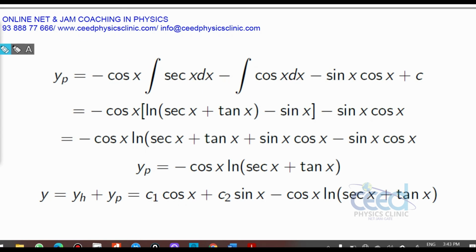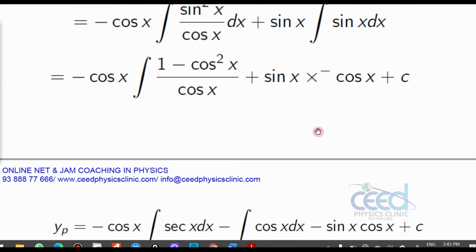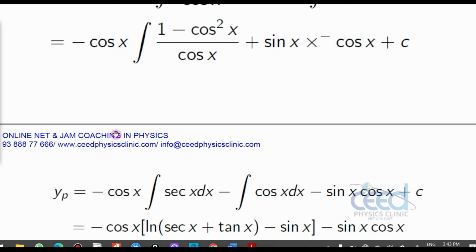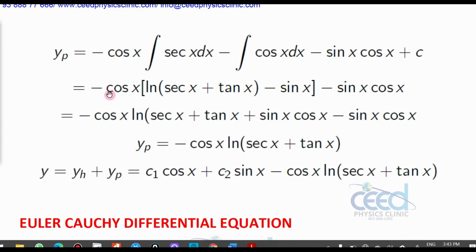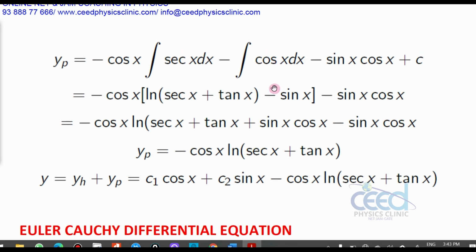So I am not expanding the bracket actually. Here minus cos x I am keeping, so that's why we need not change the sign. Minus cos x, this log sec x plus tan x, and cos x on integration will be equal to this. So here the cos x on integration we have plus sin x. Okay, so sin x only.